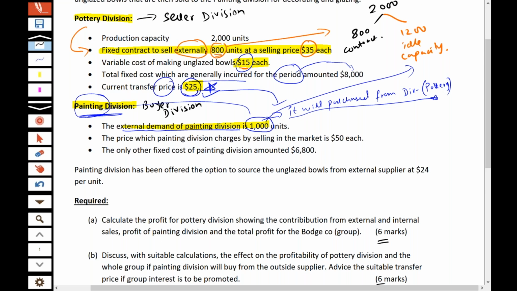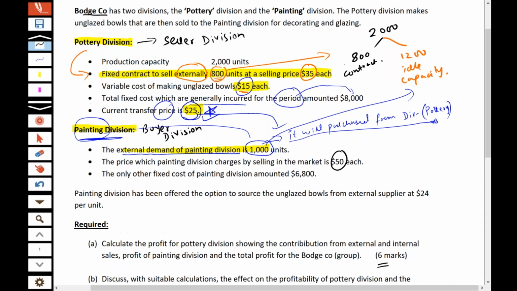The painting division purchased this product at $25 and sells at $50, which means painting division is making profit of 25 per unit. You can say the contribution. The only other fixed cost of painting division amounted 6,800.